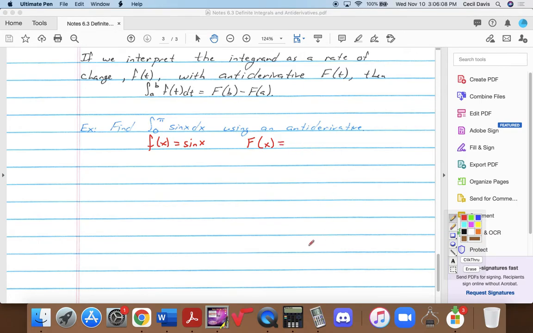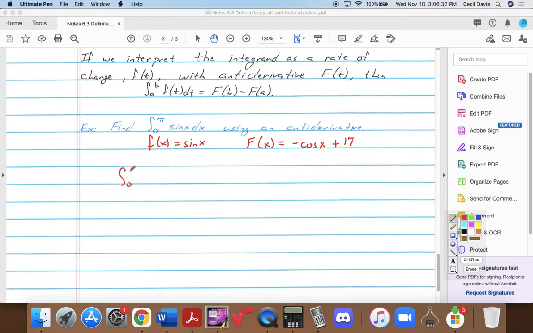What can I take a derivative of and get sine? What if I had negative cosine of x plus 17? Would its derivative still be sine of x? I'm going to use that one. It's not going to change my answer in the slightest.